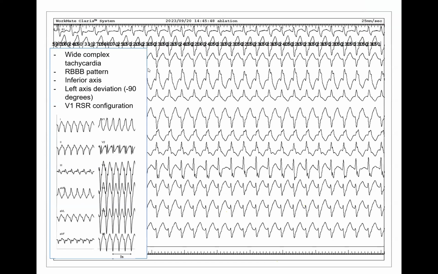However, it is not an absolute criterion. So it is not 100% sure to differentiate papillary muscle VT and fascicular VT based on the 12-lead ECG, but your patient shows both characteristics on the ECG.